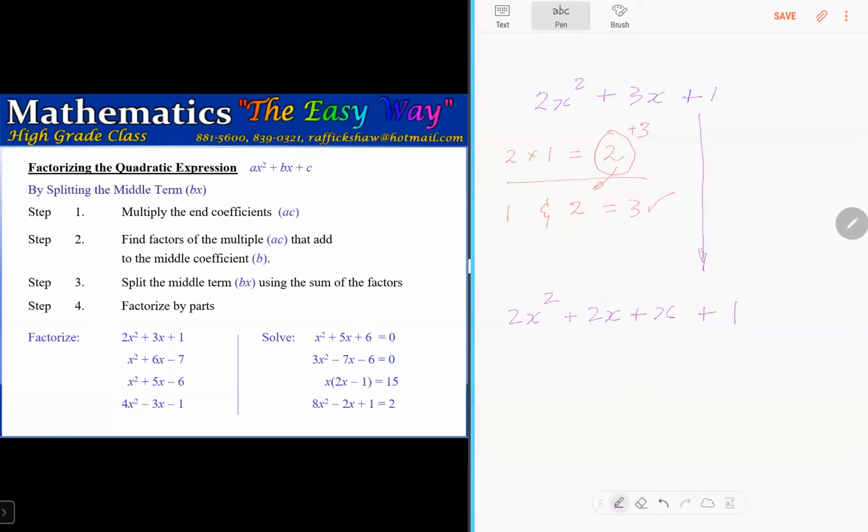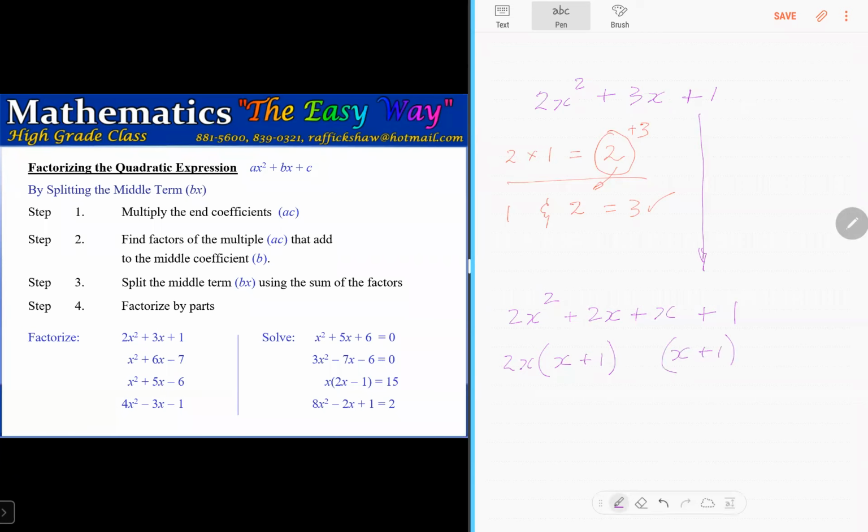And then what happens next is that you factorize these two terms. The highest common factor in those two terms is 2x. When you factor 2x out of this, you're left with x. Factor 2x out of this, you're left with a plus 1. And you write back the same thing in the bracket: x plus 1. This one is not really good enough because the values are too simple.